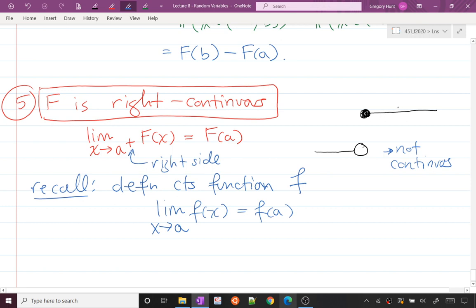However, if I come from the right here and creep up, this black part is F of a, so if this is at a and I creep up, the limit as x goes to a from the right side is actually equal to my function value. So it's not continuous, but it is right continuous.